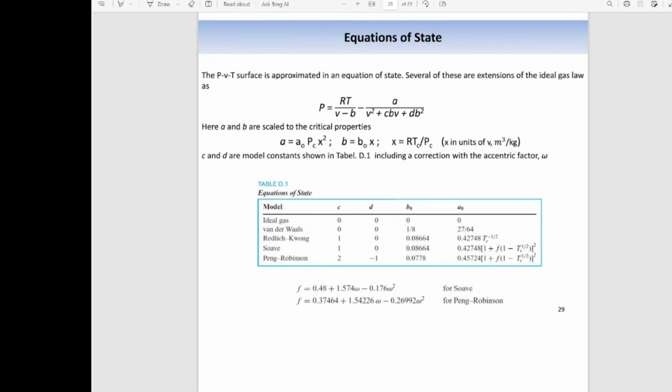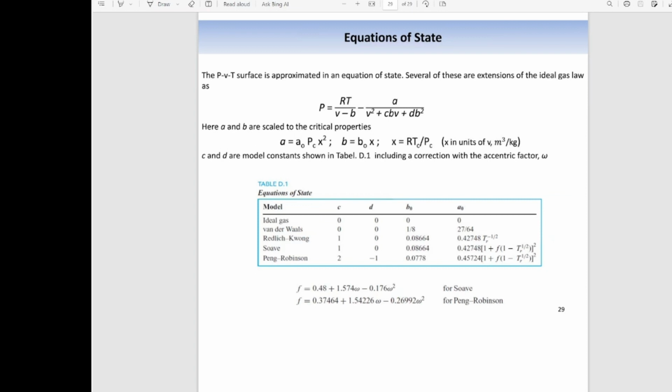Along with the compressibility factor, if we want to represent the behavior over the entire region, the entire superheated vapor region, we can use an equation such as this, which is considered to be a class of equations generally referred to as cubic equations of state. Now, there are other models out there which we'll take a look at.